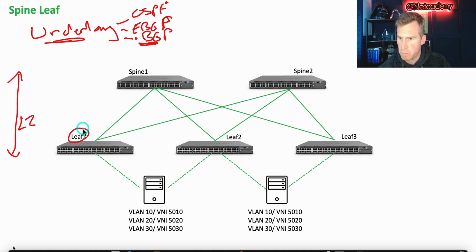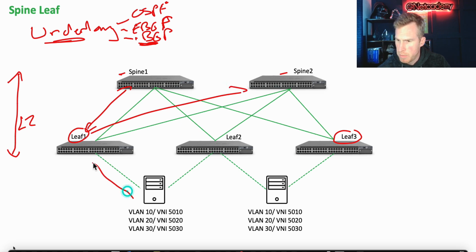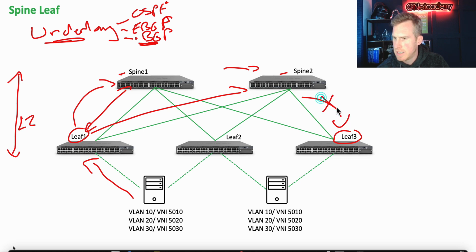Leaf 1 needs to know how to get to leaf 3, and it can only get to leaf 3 via either spine 1 or spine 2. It will build a connection to spine 1 and over to spine 2, but any routes which come up from the server to leaf 1 and are then advertised onto spine 1 or spine 2 do not then automatically get sent down to leaf 3.